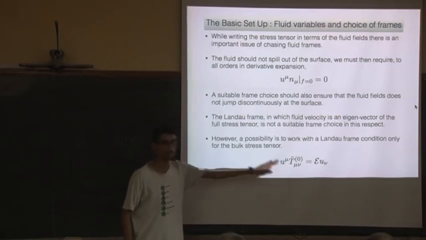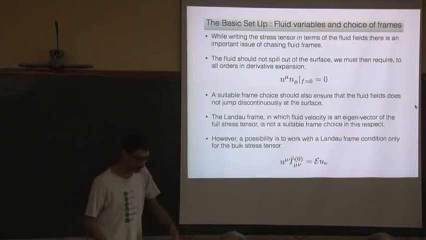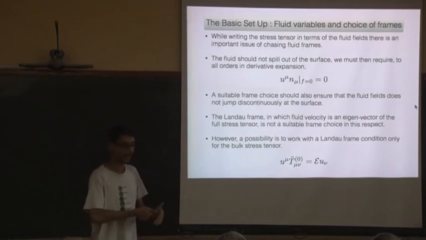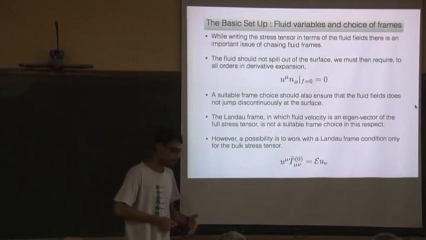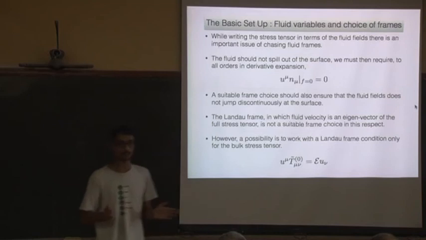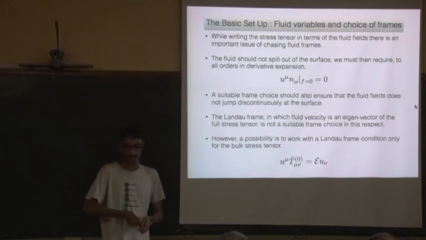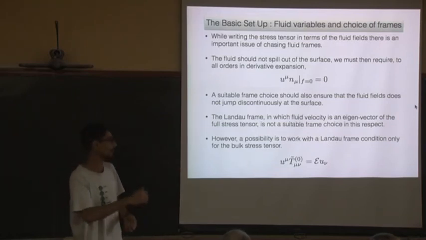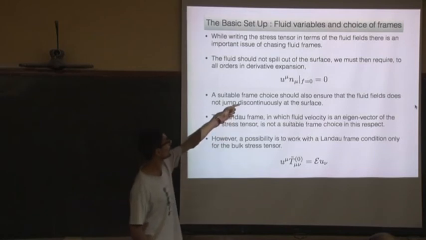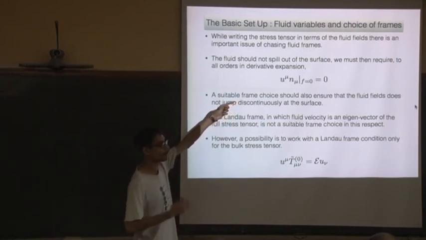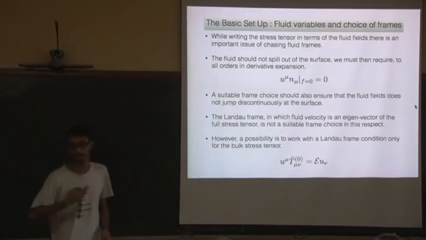But a possibility is to work with a Landau-frame-like condition just for the bulk part. Then what I'm saying is that at the surface, the fluid is not moving along the direction of the energy flow. But there is nothing wrong in that. What I just want is that the fluid variables in the bulk become continuous at the surface, and so we make that part of our frame fixing conditions.